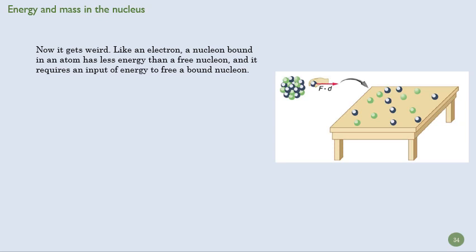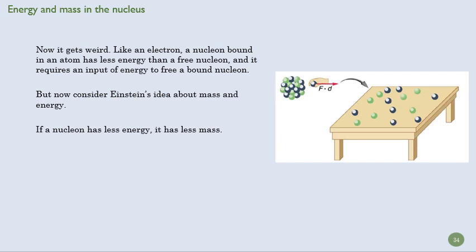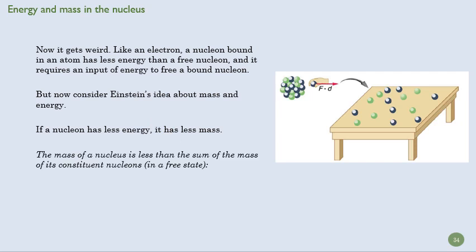The same thing can be said of a nucleon. So a nucleon has less energy when it's bound in a nucleus than it has when it's free. But if a nucleon has less energy, Einstein tells us, and a lot less energy, it also has less mass, and that's strange, right? So the mass of a nucleus is less than the sum of the mass of its constituent nucleons.